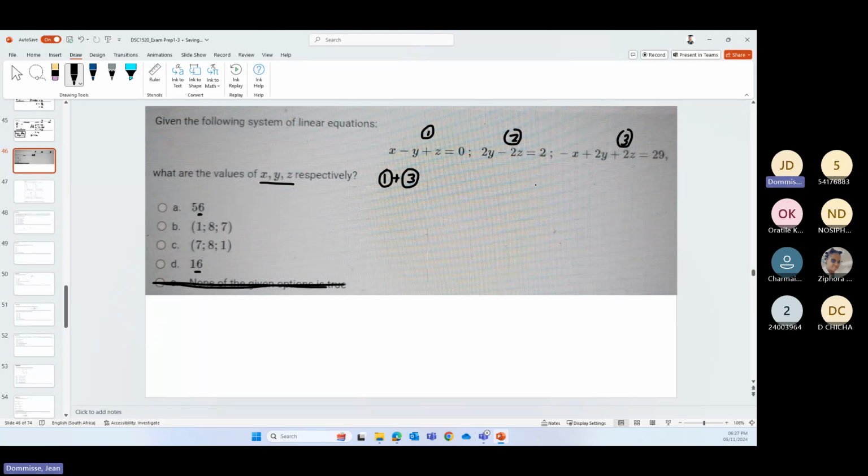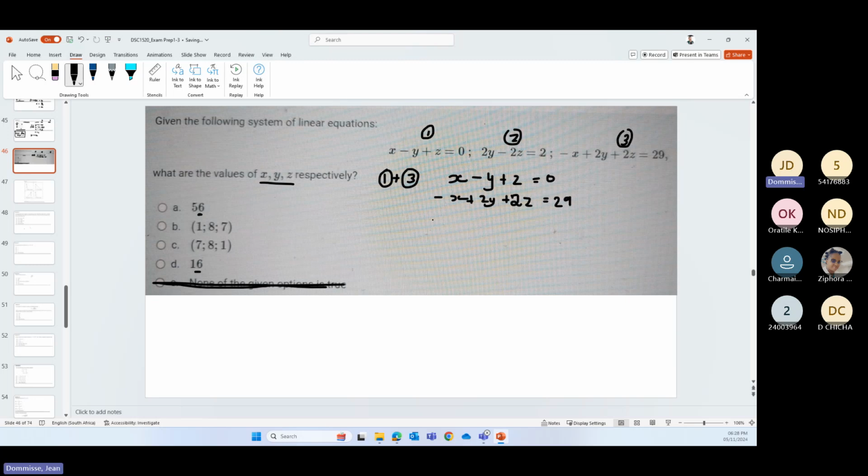So if I add those two, the x's will disappear. So then I'm hoping for an easier equation that I can work with. So let's see if that will work. Let me just make that clear that we're working with equation 3.